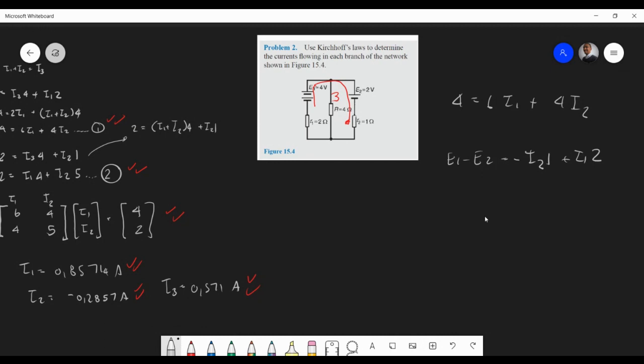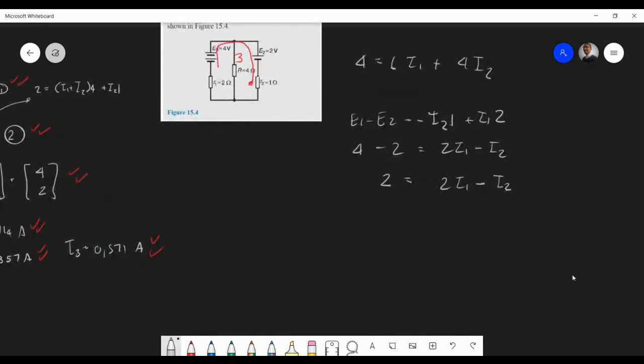And this is E1, that's minus E2, 4 minus 2. I'll put this in positive form so it looks better. Then we have 2 equals 2 I1 minus I2.